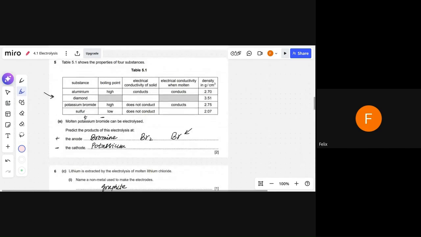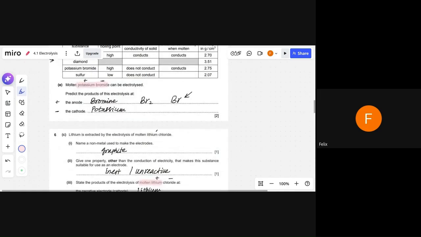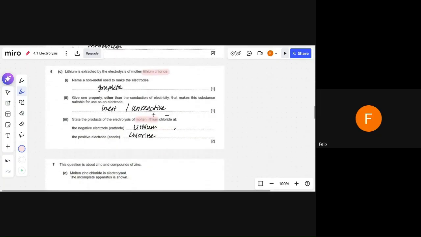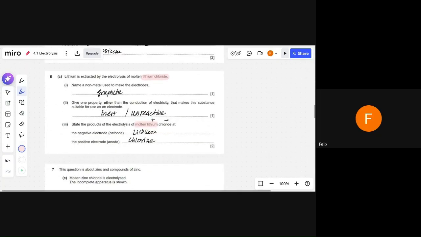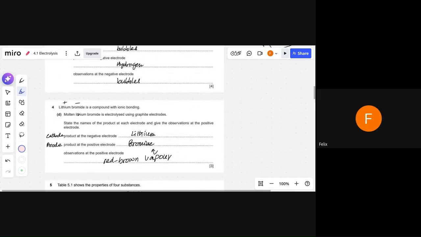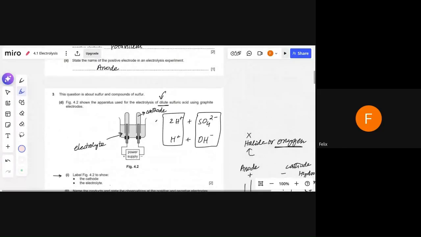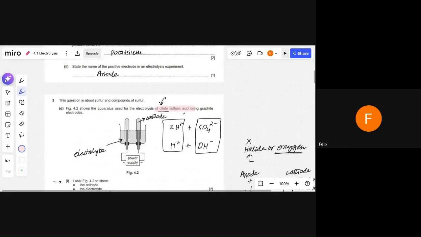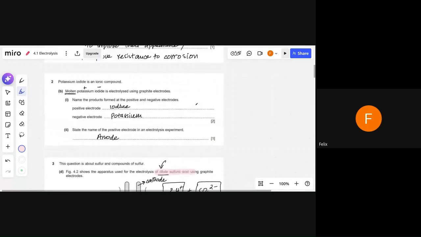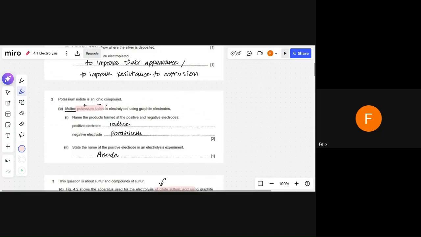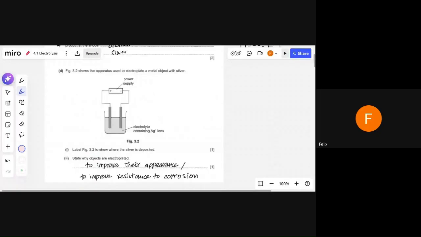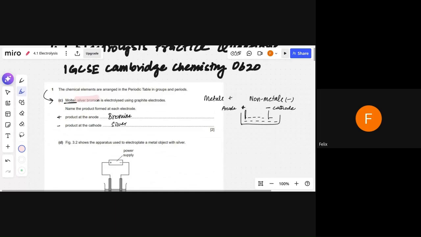This time it is lithium chloride, and in another one they are using lithium bromide again. Here was a different electrolysis, aqueous electrolysis, and here you see potassium iodide. But they are judging the same concept: whether you know what the product will be at the anode or cathode, and what the charge is on the anode and cathode.